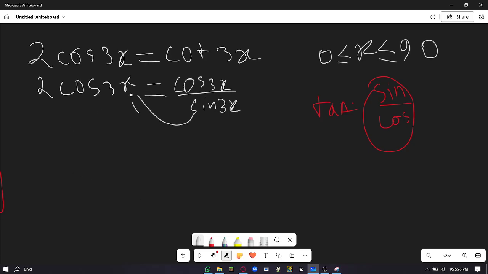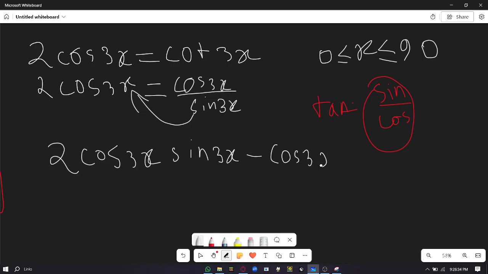So we'll bring it to the side. This will be multiplied, so it'll be 2 cosine 3x multiplied by sine 3x minus cosine 3x, bringing everything to that one side, equals 0. So we can take cosine 3x as our common.